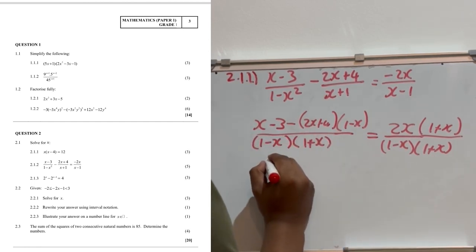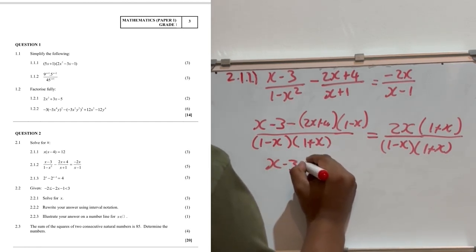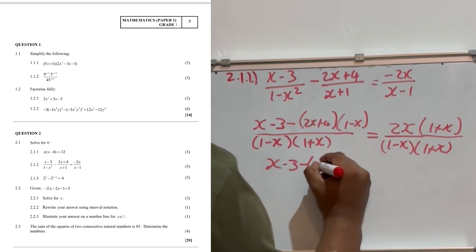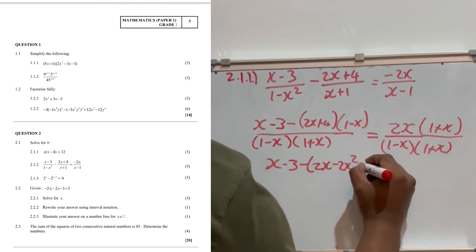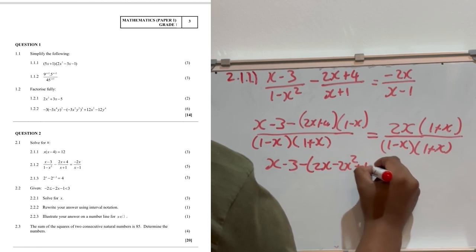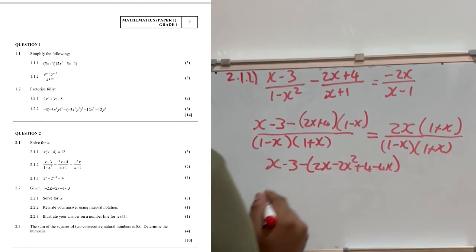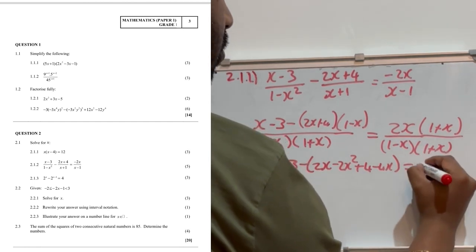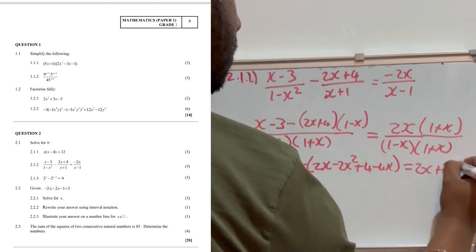So we're going to have x minus 3 minus, if we multiply this bracket out, 2x minus 2x squared plus 4 minus 4x. Okay, this is equal to 2x plus 2x squared.